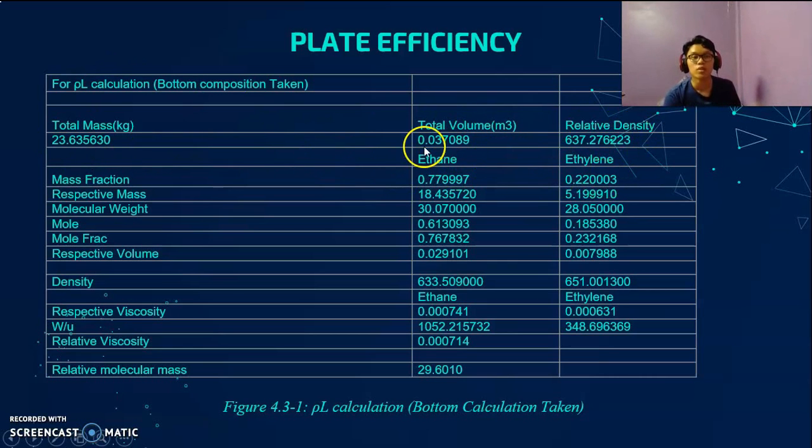For ethane and ethylene, the mass fraction is based on the Excel calculation, and the respective mass we get from here, which is the total mass. The molecular weight of ethane and ethylene, the mole of each, mole fraction of each, respective volume, and density, we actually calculate in Excel, along with the respective viscosity and relative molecular mass.